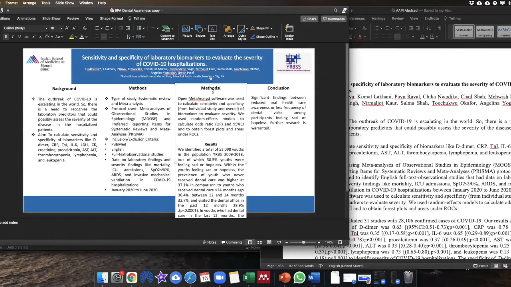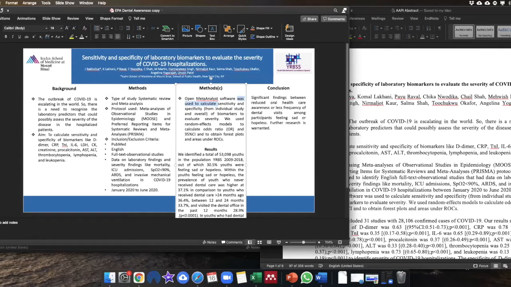Methods, continue. Okay, then open meta-analysis. This is the type, again software type, and this is the software type, individual from this, sensitivity and specificity we find out, so you put it.